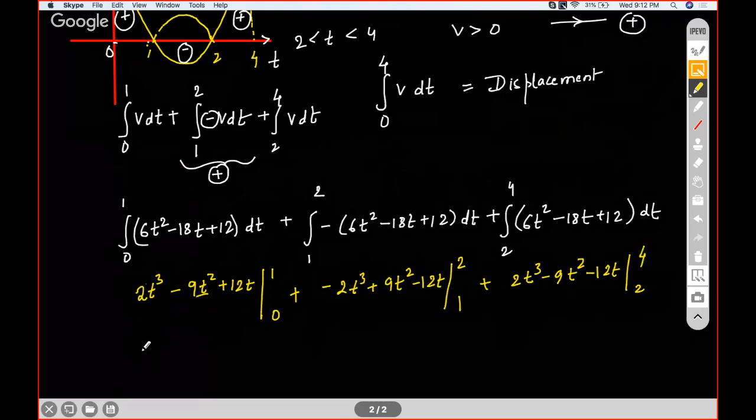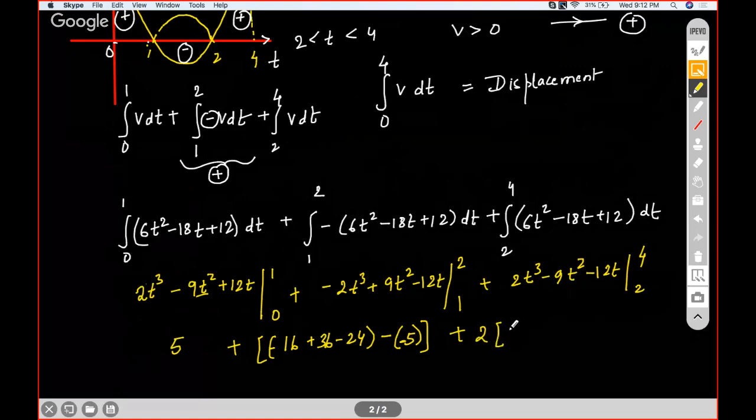You get 5. 2 minus 2 plus 2, 4, 5. Then here we'll get minus 16 plus 36 minus 24, and minus 5 again. Minus 2 of minus 1.